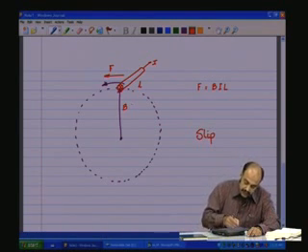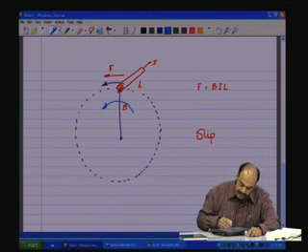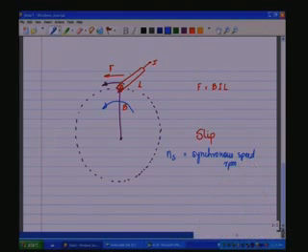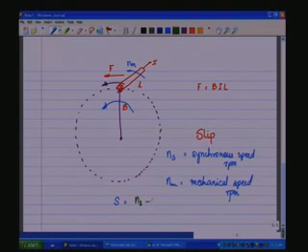So if the magnetic field is rotating at a speed, let us call ns, called the synchronous speed, in RPM, and the rotor conductors are rotating at speed nm, which is the mechanical speed of the rotor in RPM, then slip S is given by (ns minus nm) by ns, and it is a value which ranges from 0 to 1.